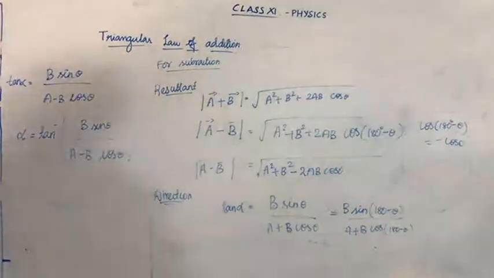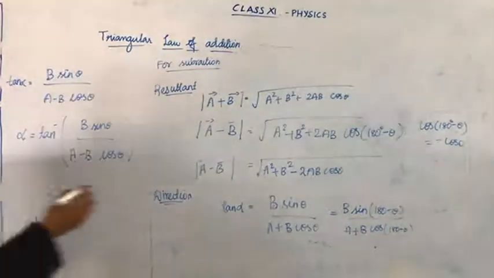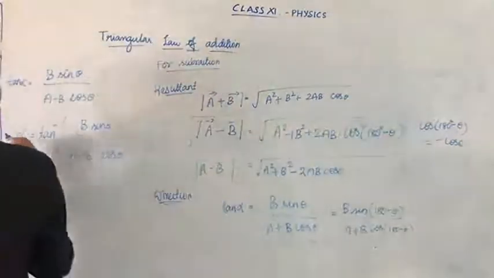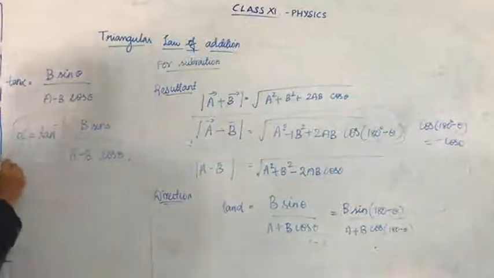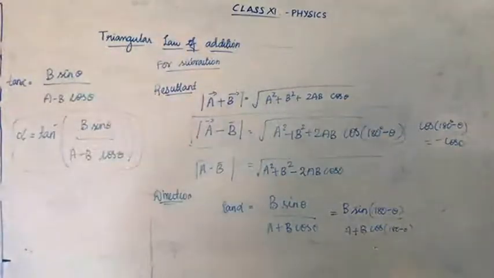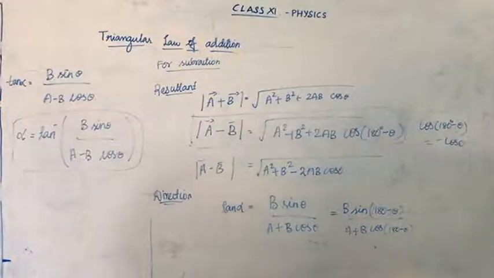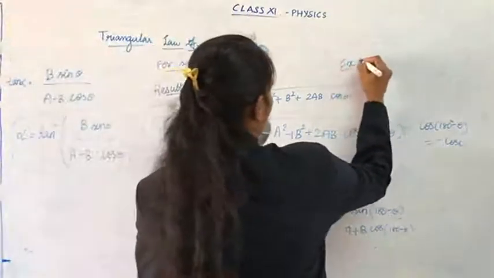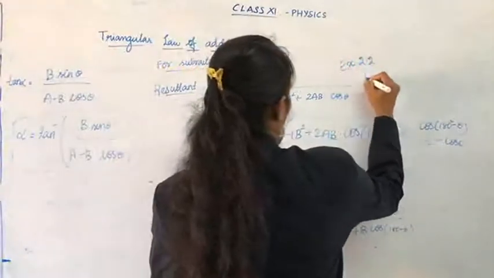Okay children, have you understood? This formula is for finding the magnitude, this is for finding the direction. In your book, page number 50, example 2.2 is your homework.